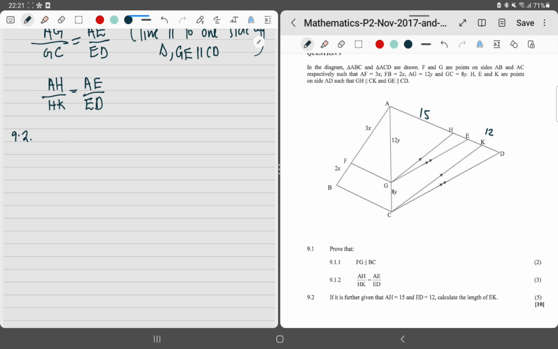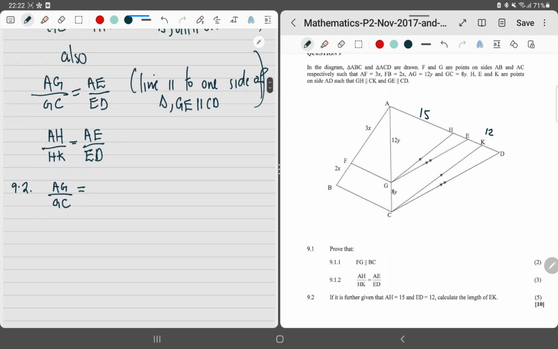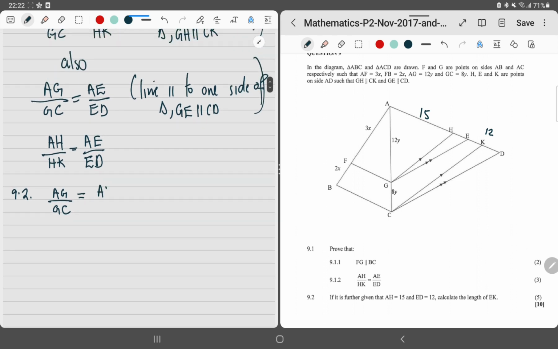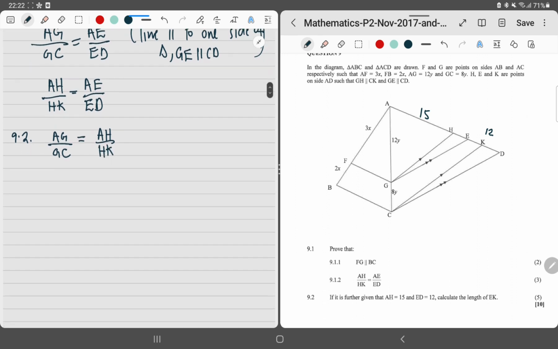So AG over GC, we already know, is equal to AH over HK.